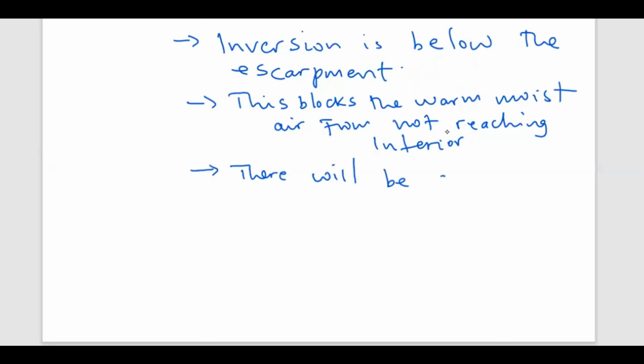There will be clear skies and no rainfall. Right.